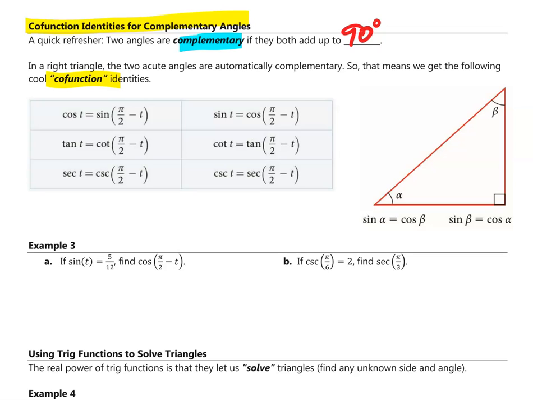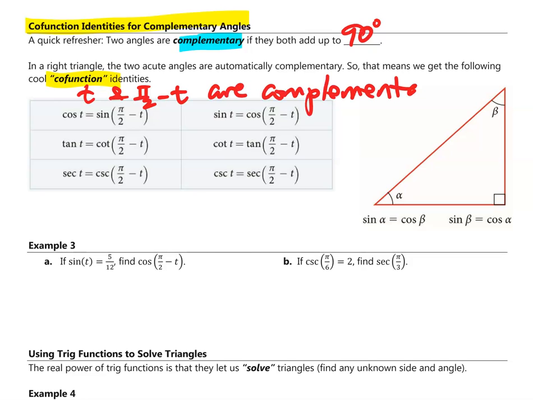The first one is cosine t is equal to sine of pi over 2 minus t. So here, t and pi over 2 minus t are complementary. That means they add up to 90 degrees.